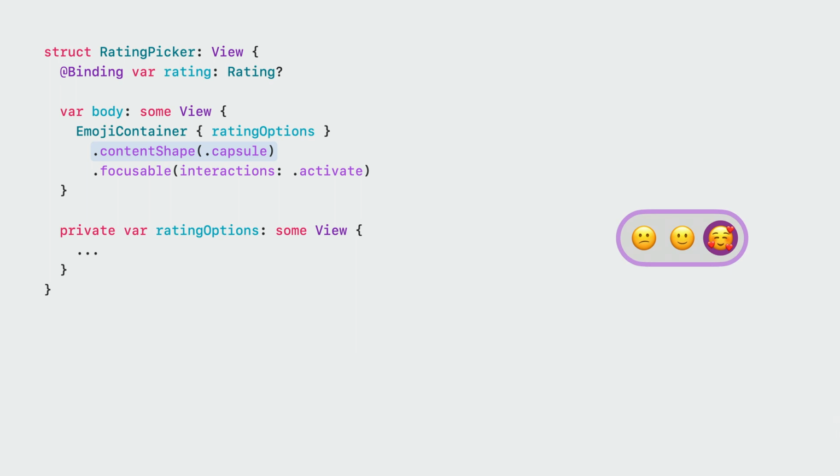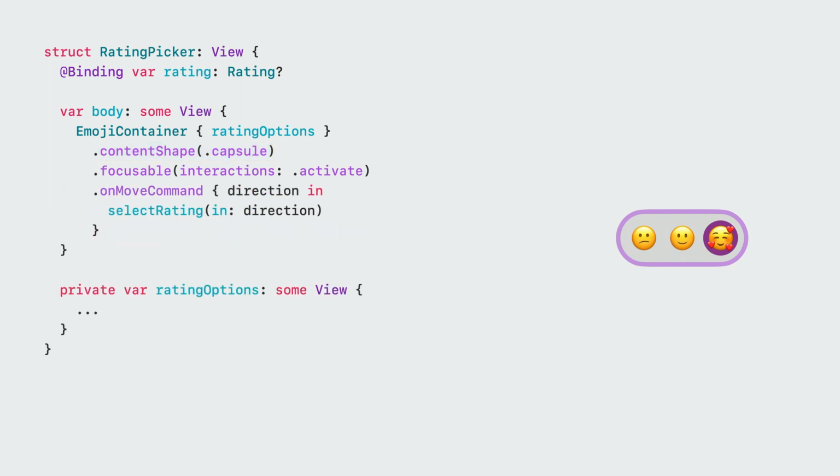Now that my control is focusable, the next step is to have it handle key presses. I want to be able to use the left and right arrow key to change the chosen rating. Using the onMove command modifier, I can provide an action to perform in response to a platform-appropriate move command, like when the arrow keys are pressed on a Mac keyboard, or the directional edges are tapped on an Apple TV remote.